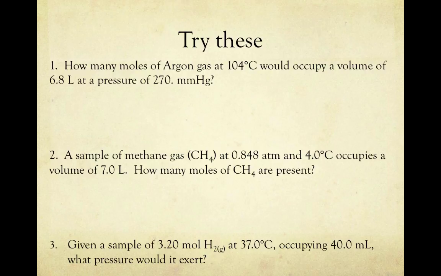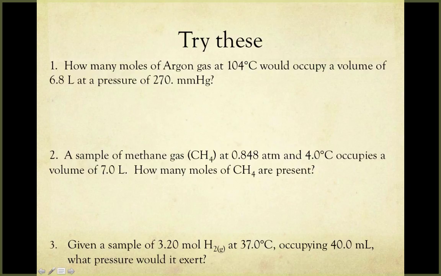This first question asks how many moles of argon gas at 104 degrees Celsius would occupy a volume of 6.8 liters at a pressure of 270 millimeters of mercury. We know this is an ideal gas law question because it asks about moles and gives us pressure, volume, and temperature. So I'm going to start by writing our equation, PV equals nRT.